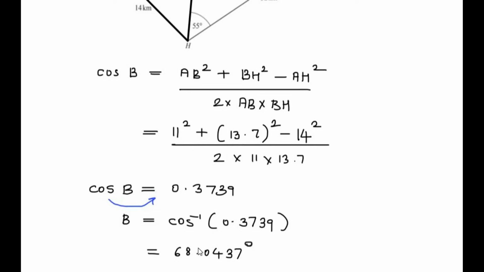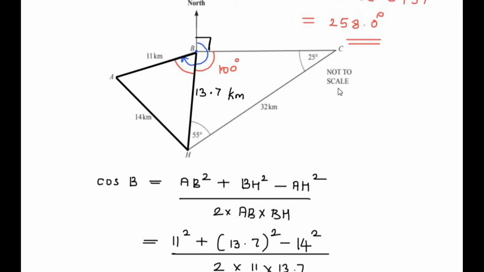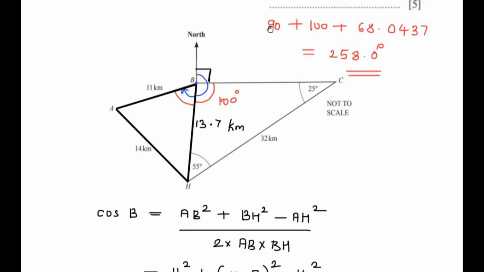Now once we have got this value, we have to just add the values, that is 90 degrees, this 100 degrees and the angle ABH to get the total bearing of point A from point B. So here we are going to add 90 plus 100 plus 68.0437 which we got just now, and that will give us the value as 258.0 degrees. I have rounded this to just 1 decimal place.